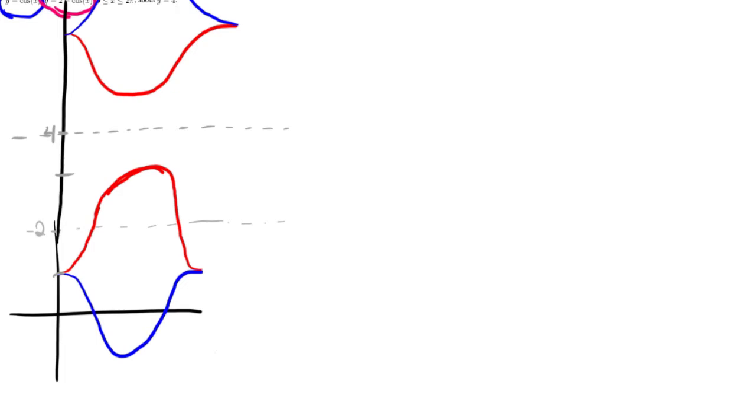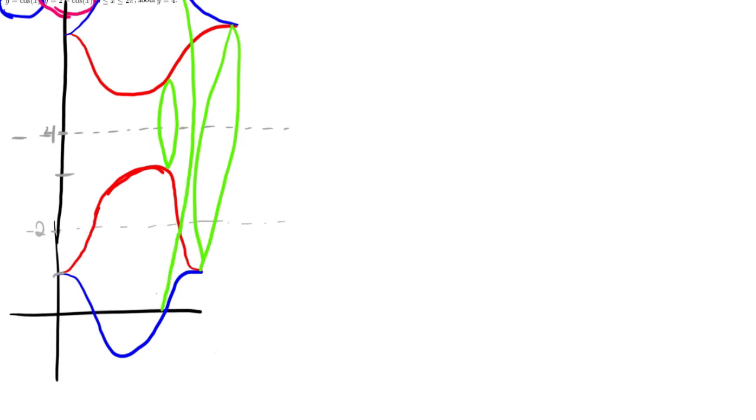Okay, so because it's going to rotate around this line right here and the regions are separated, what's going to happen is you're going to create a washer. So there's going to be a hole here. Let's draw. So here on the ends it's together, but everywhere else there's a washer.